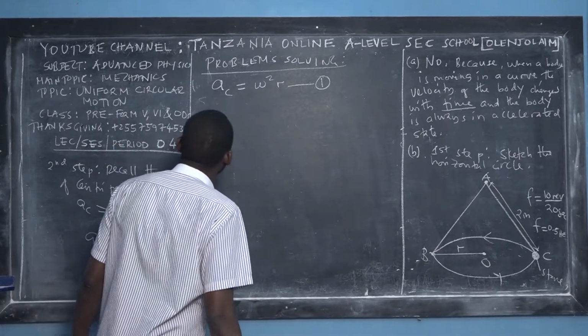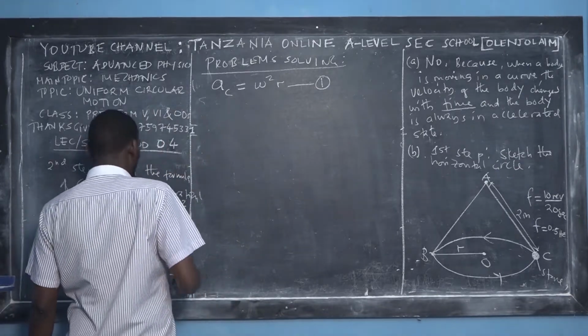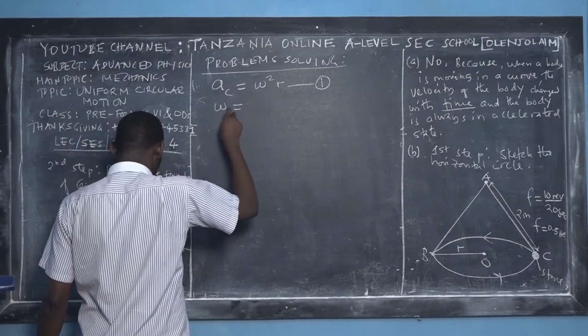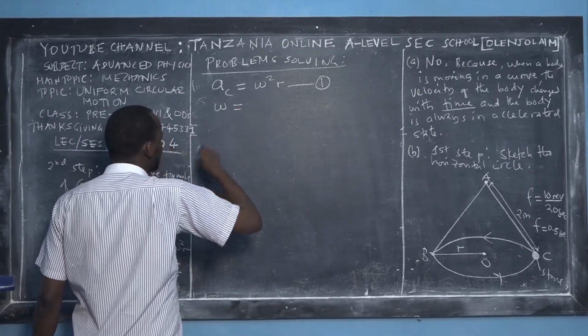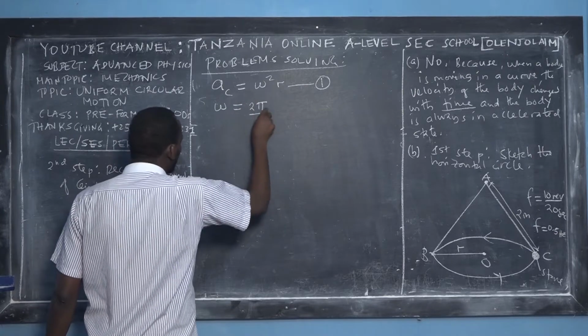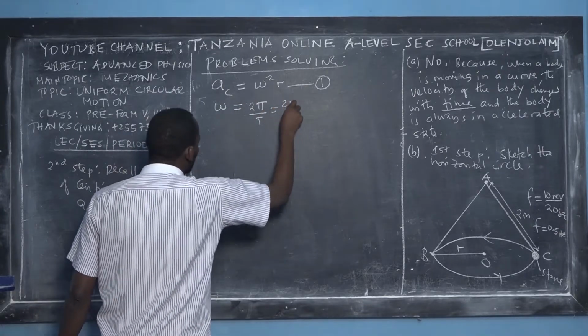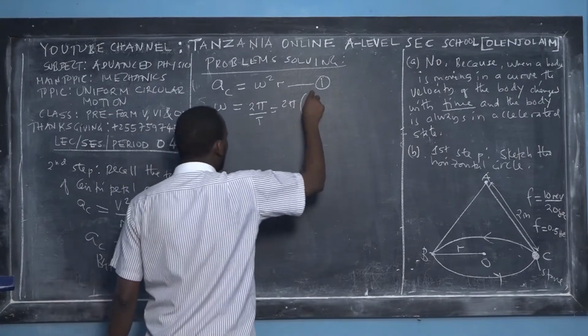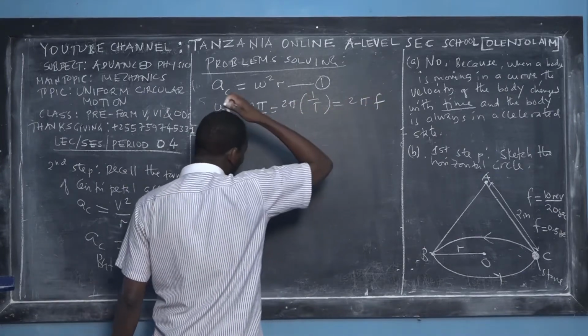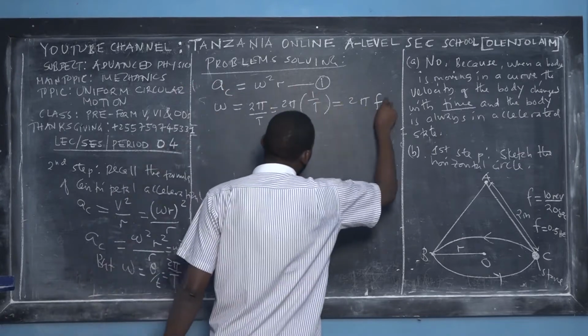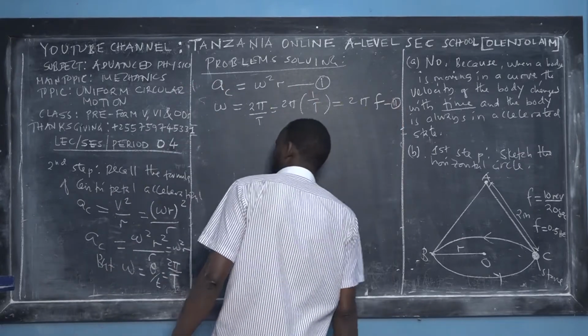And then we say that angular velocity is equal to 2 pi over period T, and this is equal to 2 pi times 1 over T. This is equal to 2 pi times frequency. So this is equation 2.